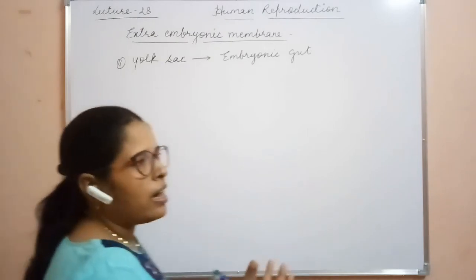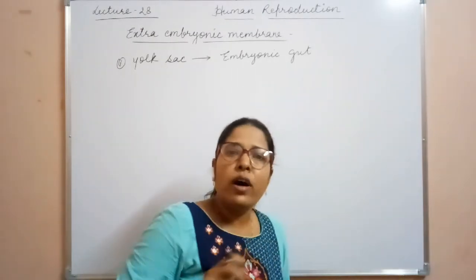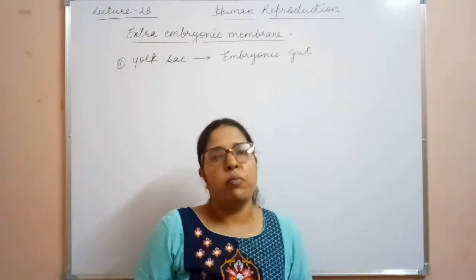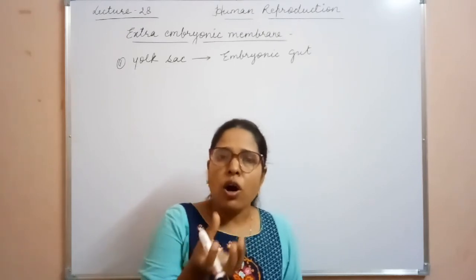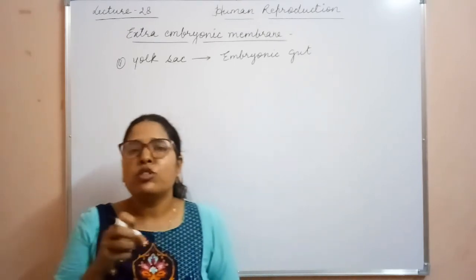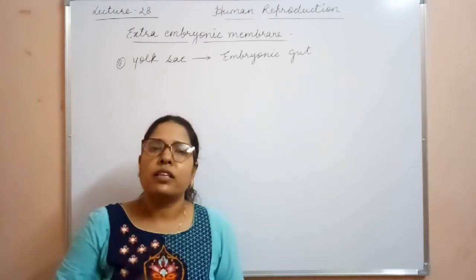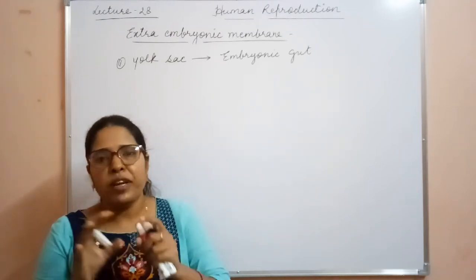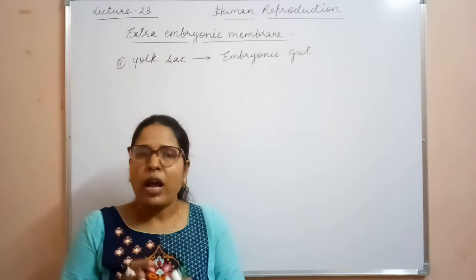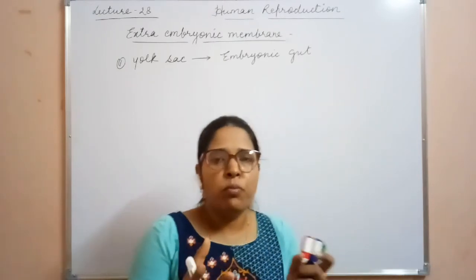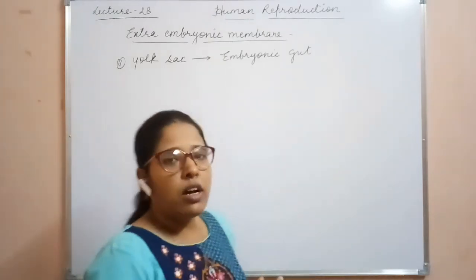The yolk sac is very poorly developed in case of human beings because all the nourishment comes from the mother's body through placenta for the development of the complete fetus. There is no requirement for much amount of yolk sac.